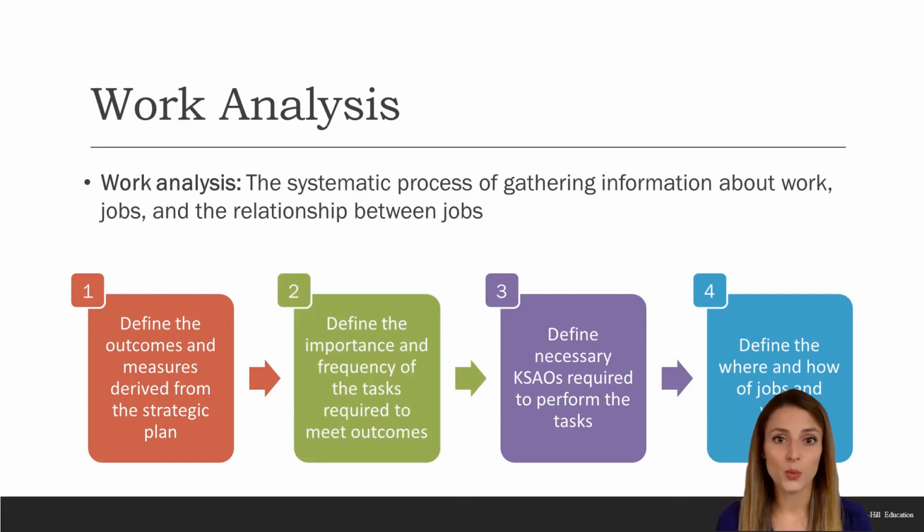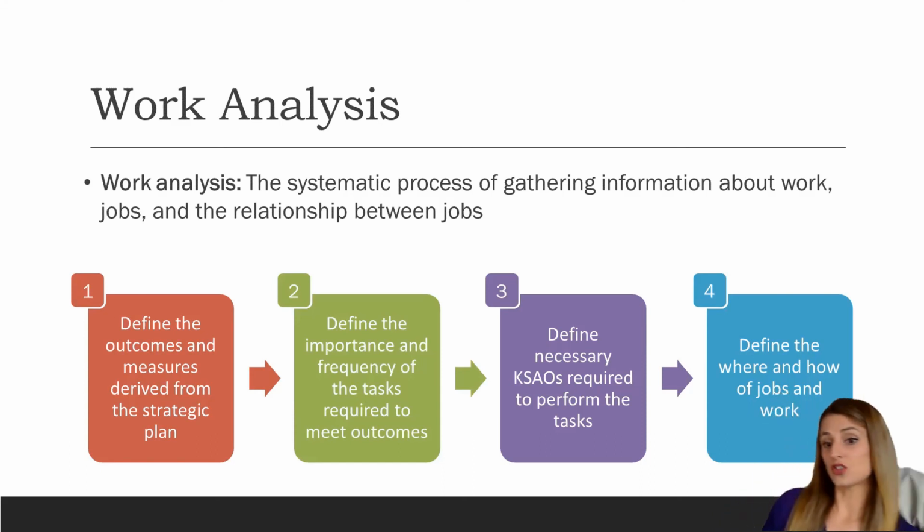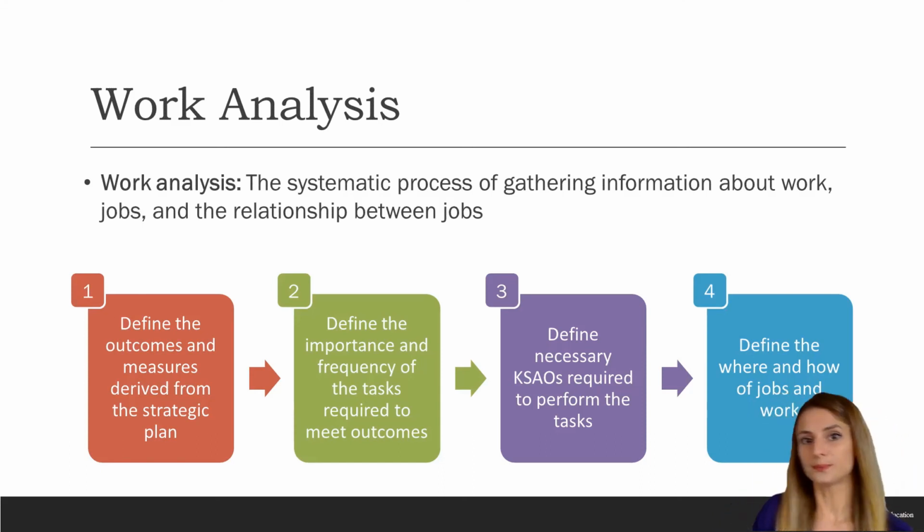In step 3, we define the employee characteristics that are required in order to do the tasks we define in step 2. And then step 4 is to define the where and how of jobs and of work.